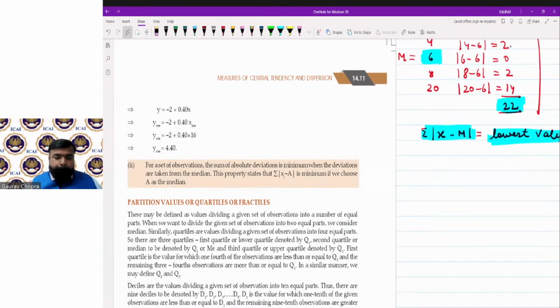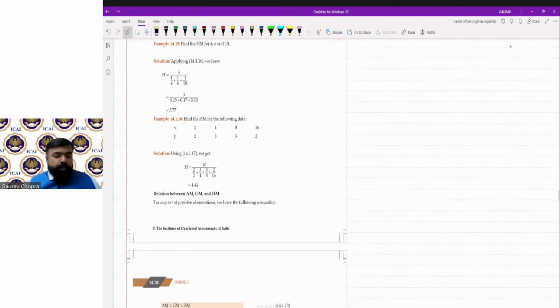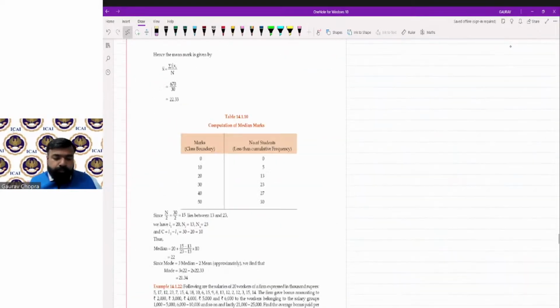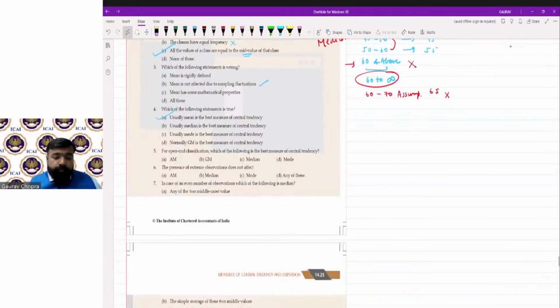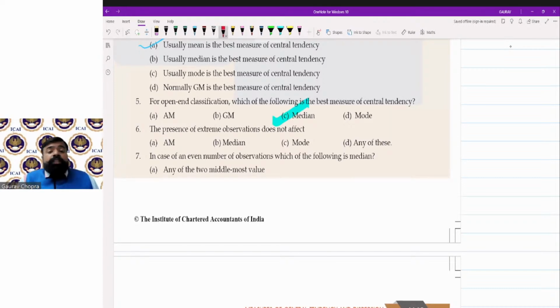So this we have done. Let's come back again to the questions. The fifth one we have done. Then the sixth: the presence of extreme observations does not affect the median, because the median lies in the middle.